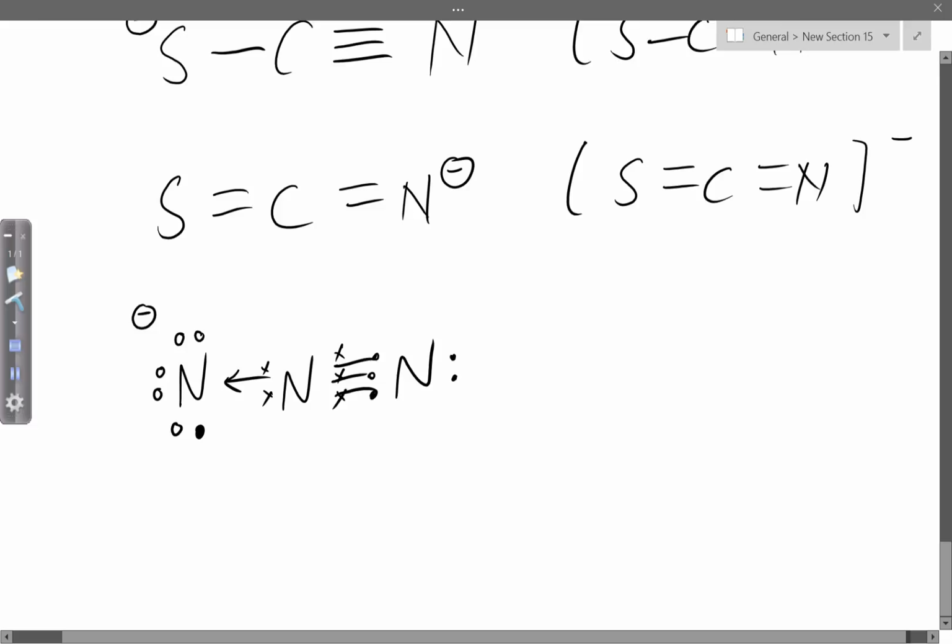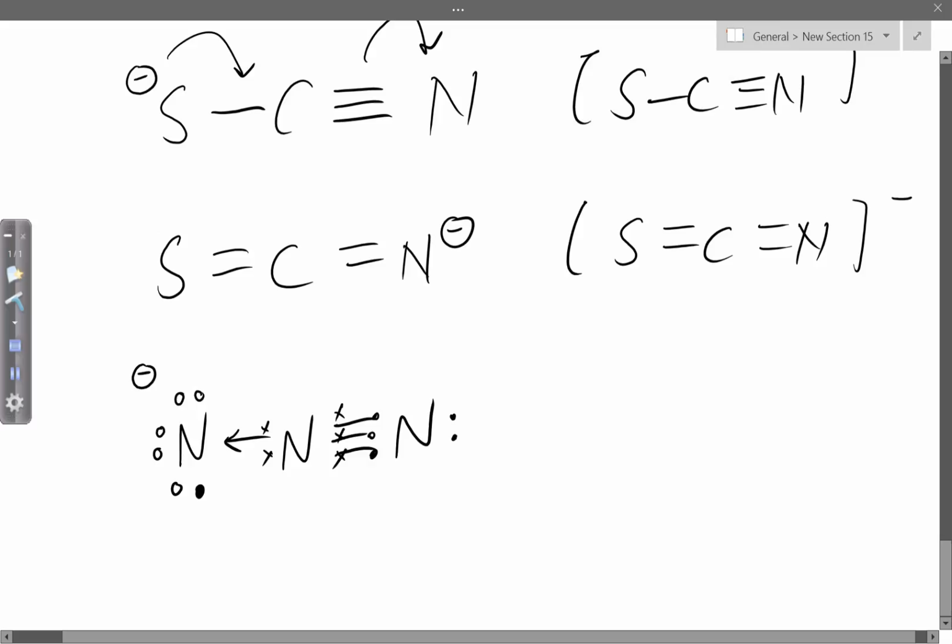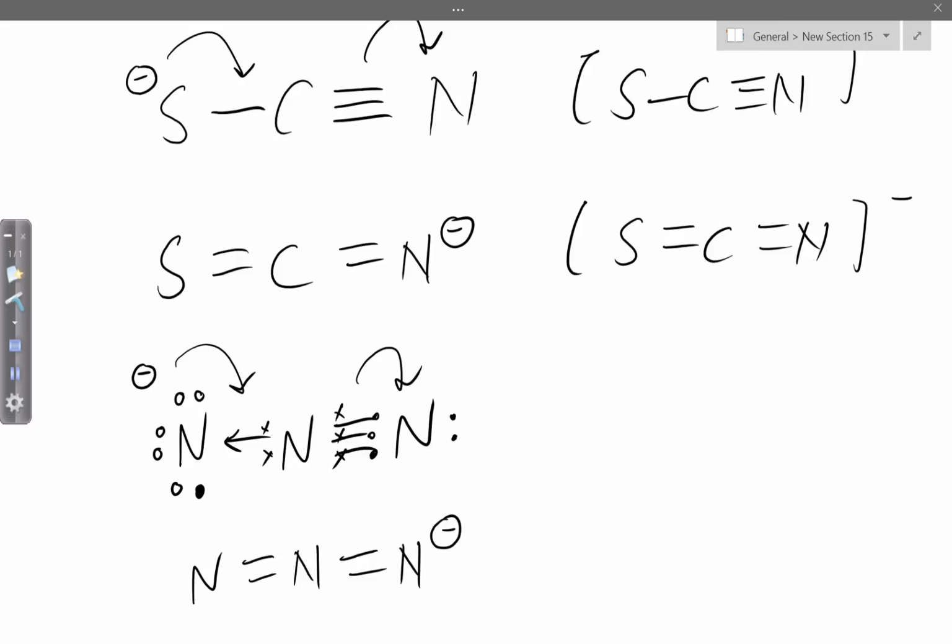So a negative charge lies on this nitrogen, and you see that this structure is actually similar to this structure. So same thing, these can delocalize and you can represent this structure this way. I hope you gained some knowledge from this example.